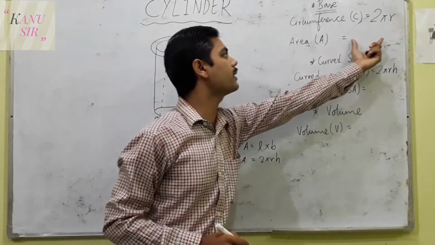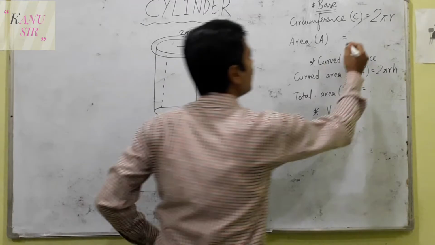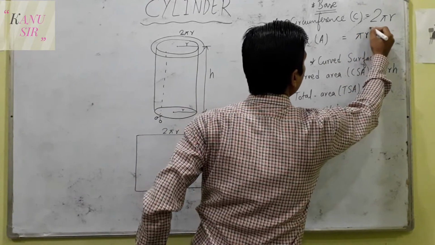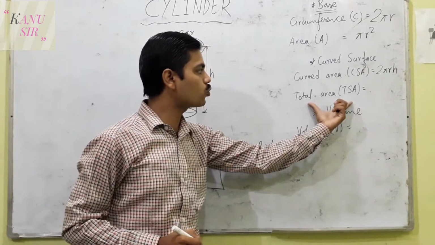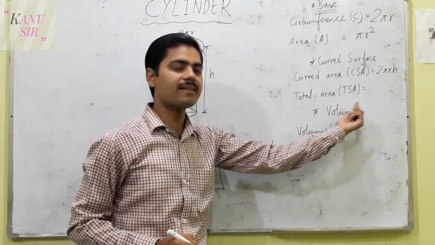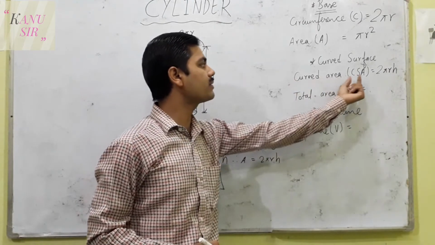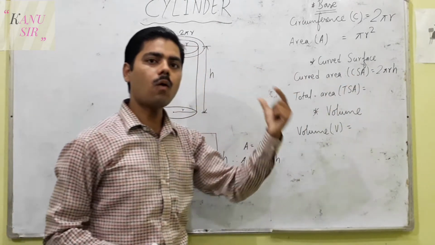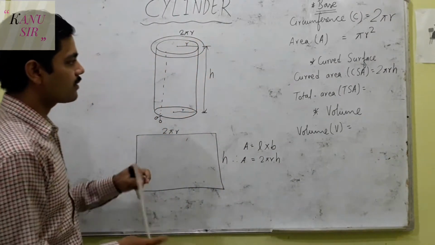And here is the area column left. What will we write for the area of the base? The base looks like a circle, so the area of the base is pi r square. And the next topic is total area, or we say TSA, total surface area. Curved area we say CSA, curved surface area. So what is the difference between CSA and TSA?